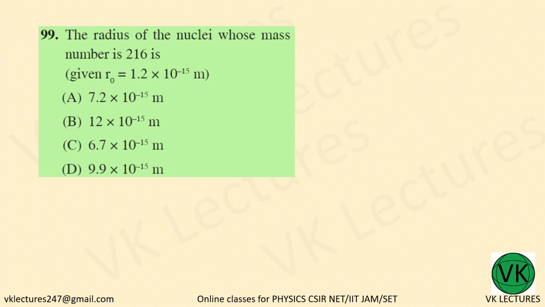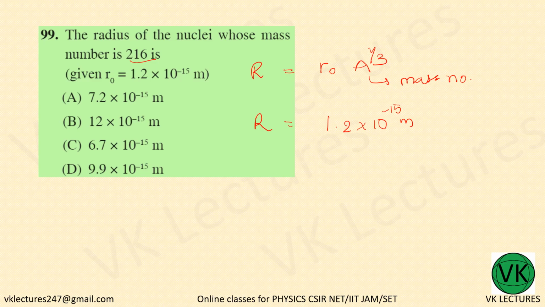Radius of a nucleus whose mass number is 216. Now how to find radius? Radius is equal to R naught into A to the power 1 by 3, where A is the mass number. R naught value is given as 1.2 into 10 to the power minus 15 meter.